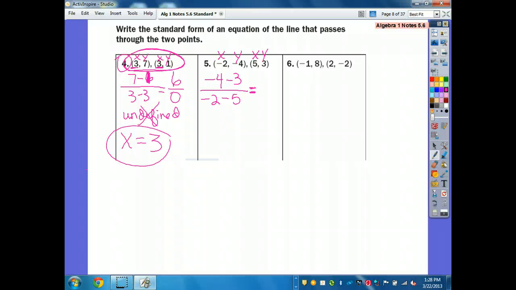What do you get for your slope? 1. All right, because this ends up being -7 over -7, which equals 1. That's my m. So now I've done step number 1.